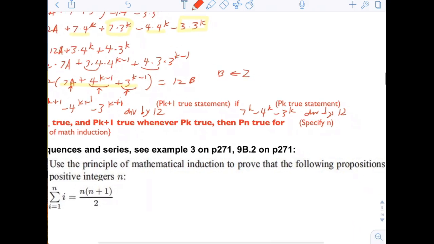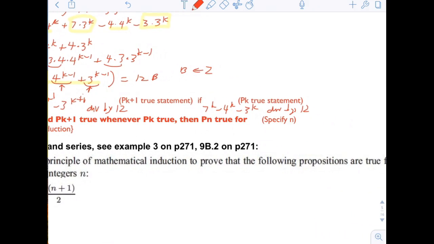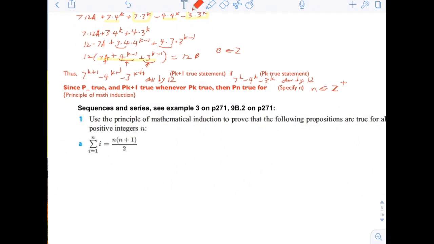And so we've proven it, and all we need to do now is specify the n value, and we know that n is a positive integer because it starts at 1 and goes to infinity. That's it.